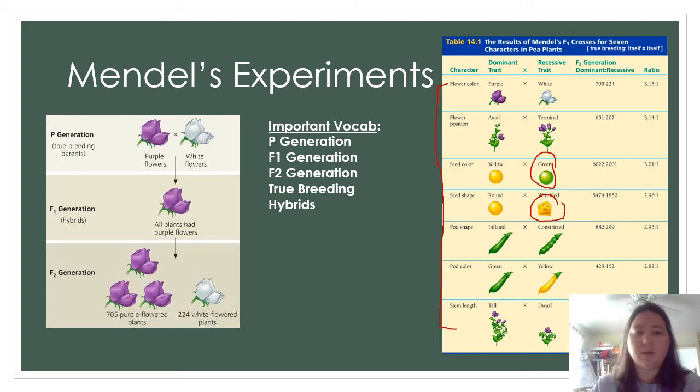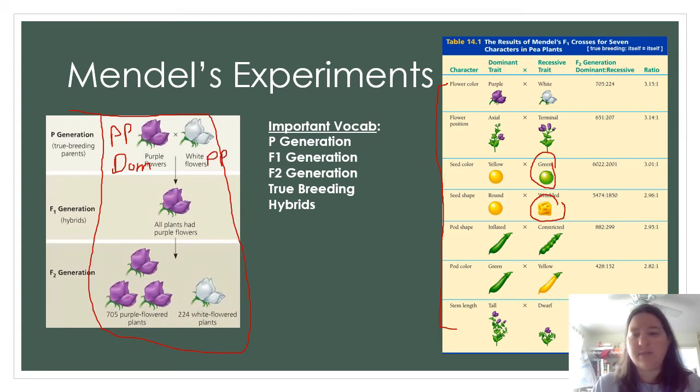What he did is he took pea plants of different characteristics and bred them together to see what would happen over the course of generations. In this example of purple flowers and white flowers, purple flowers are dominant, so we could say they were capital P. White flowers are recessive, so that would be lowercase p.